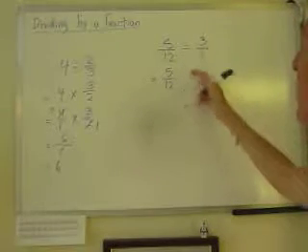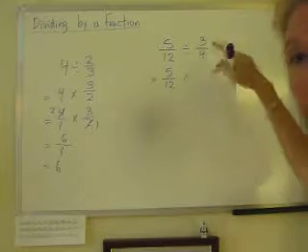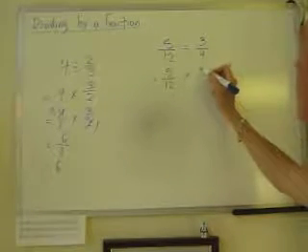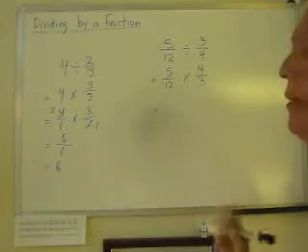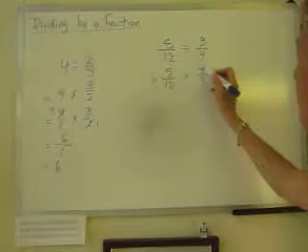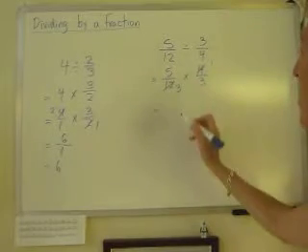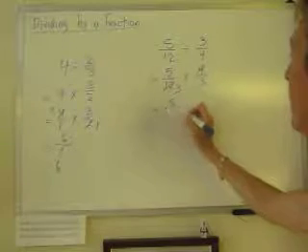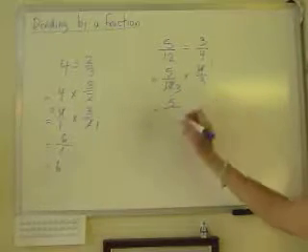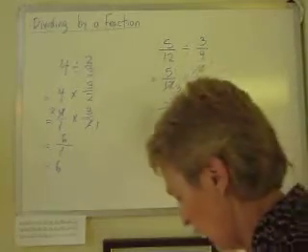The division becomes multiplication, and our fraction is inverted: 4/3. Now we simplify this. 4 divides into itself once and into 12 3 times. In our numerator we have 5 times 1, and in our denominator we have 3 times 3. Okay? Good.